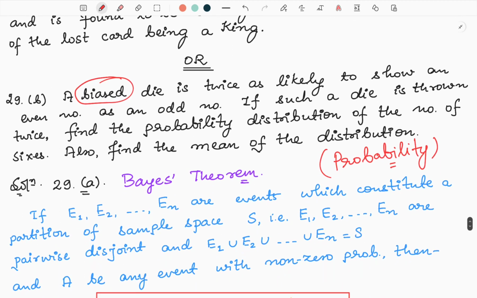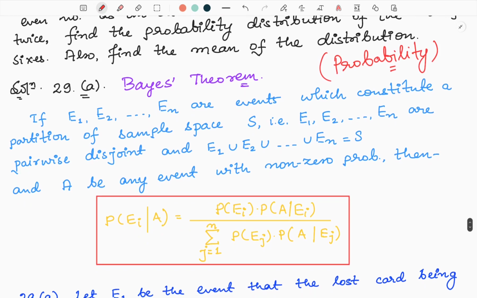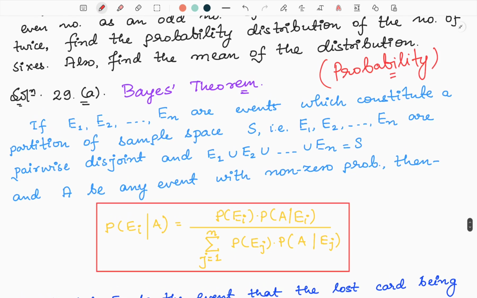So if I assume that you don't know Bayes theorem, let us first learn what Bayes theorem is. Bayes theorem is basically used when the probability of a particular event is asked when another event A has already occurred.